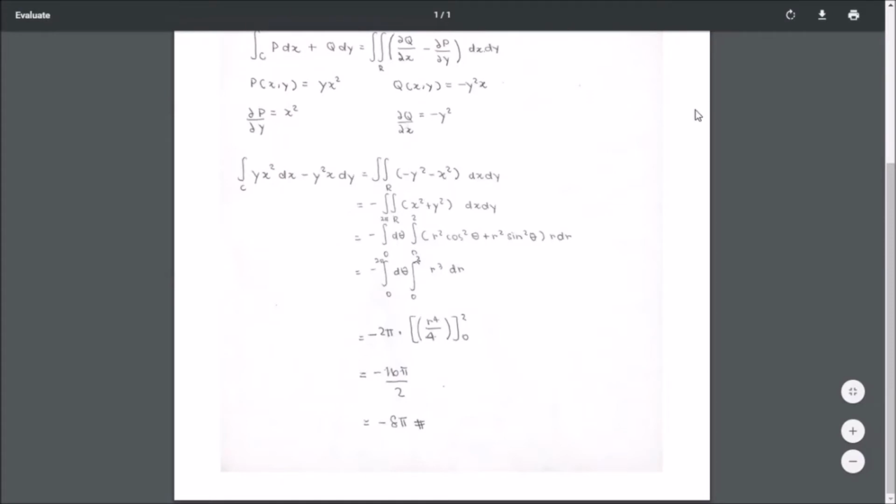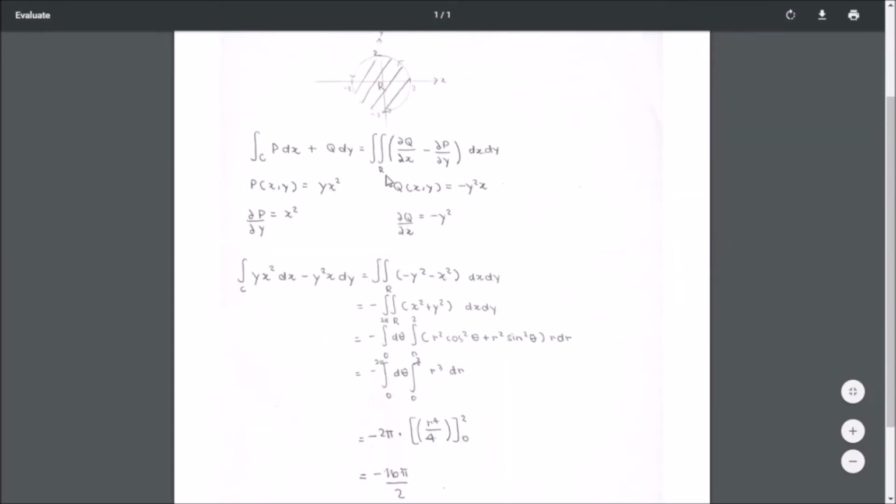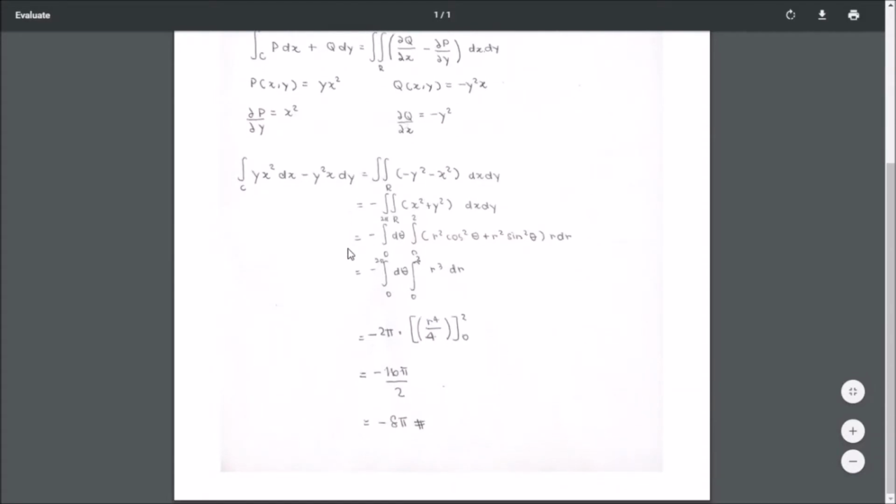After we got the components of the vector field and the partial derivatives, we fill out the Green's theorem equation and we get the line integral along C of y x squared dx minus y squared x dy equal to the double integral over the domain R of (negative y squared minus x squared) dx dy.